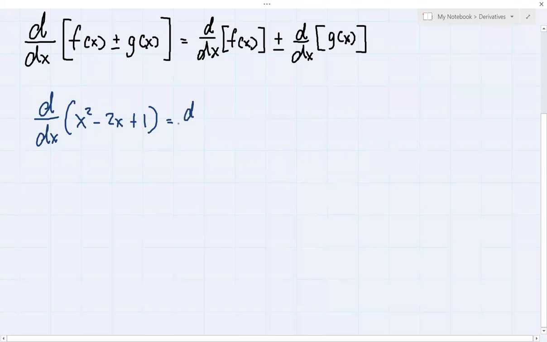So magiging derivative of x squared minus the derivative of 2x plus the derivative of 1. So, isa-isa natin silang i-differentiate.